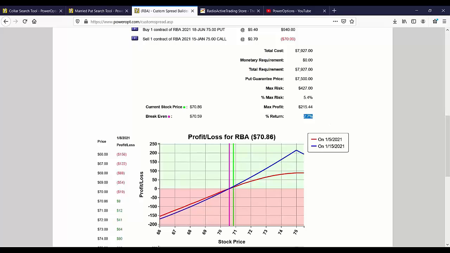Now, remember, though, that my sentiment going forward is that I have the expectation the stock might be trading at best somewhere up here within the next 20 to 40 days. Although this is 70 cents I don't have right now, and although this reduces my risk down to 5.4% from 6.2, or 0.8%, if my sentiment is that the stock is going to move up, I'm going to be able to get a better premium for this call than I can right now.